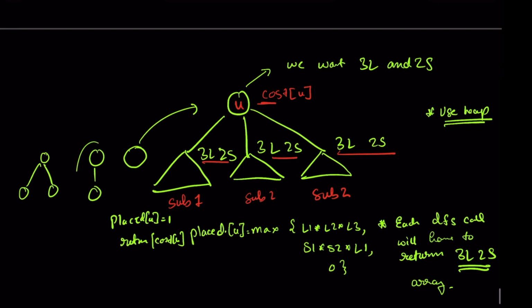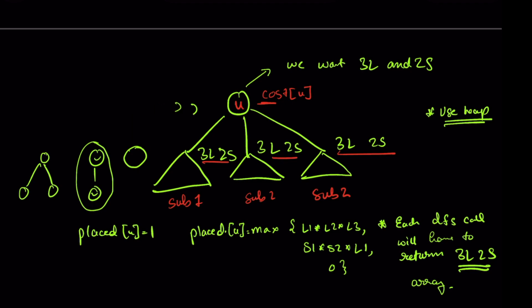Similarly, if there are two nodes here, then also you have to put a coin of value 1, so placed u will be 1, and then you can return both of these values to the parent node for consideration of three largest and two smallest.